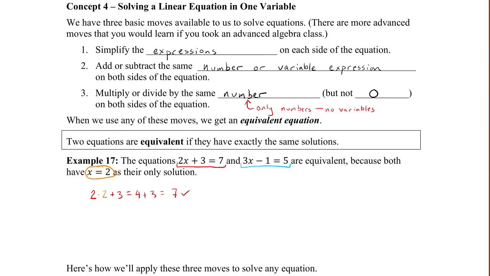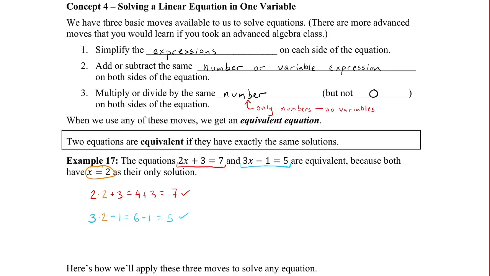In the second equation, plugging in x equals 2, we'll have 3 times 2 minus 1. 3 times 2 is 6. And then 6 minus 1 really is 5, which is the number on the right side of the second equation. Both of those equations have the same solution, x equals 2.